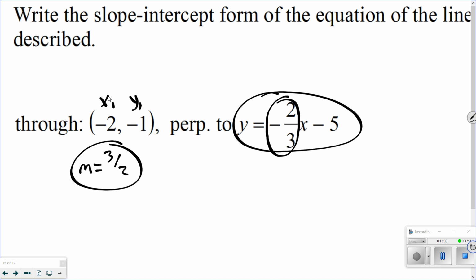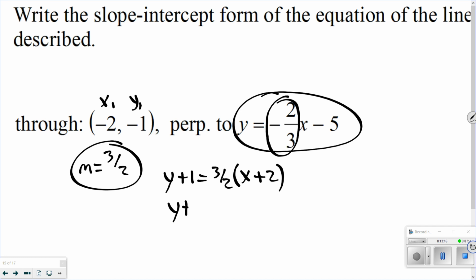Okay, so here's my slope. There's my point. Plug in your information. This would be y minus negative 1 equals the slope times x minus negative 2. Okay, that's the equation.